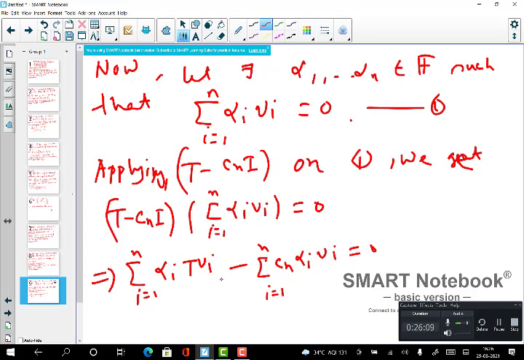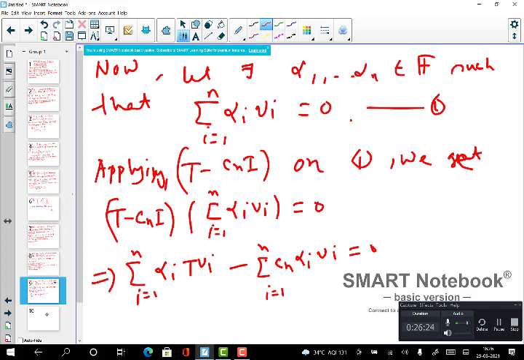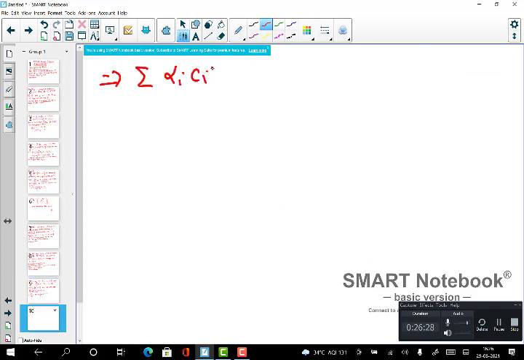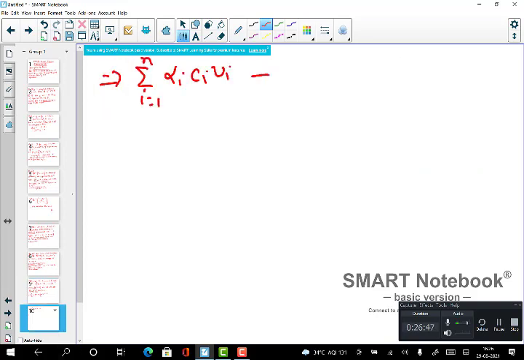Now recall the vi's are the eigenvectors corresponding to eigenvalues ci's for T. Applying that, the first one will be summation alpha i ci vi, i equal to 1 to n, and the second one will be summation i equal to 1 to n of cn alpha i vi, equal to 0, right?